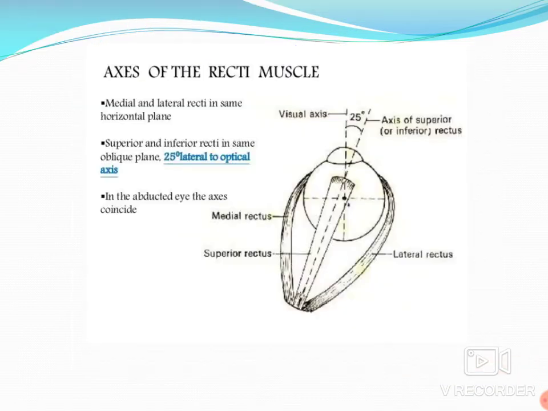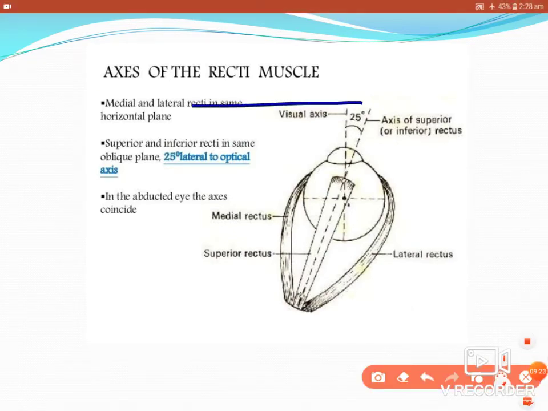Here you can see the axis of these recti muscles. This is the cornea, this is the sclera. So this is the right eyeball along with the lateral rectus, and this one is the medial rectus. The lateral rectus and medial rectus lie in the same horizontal plane.